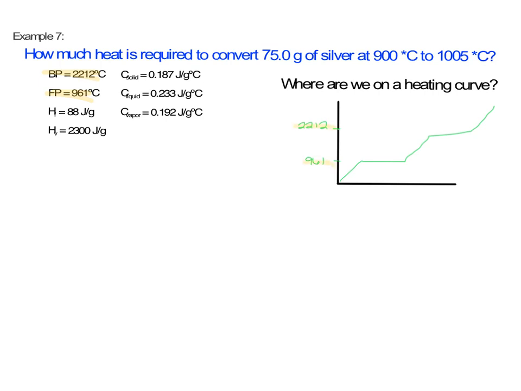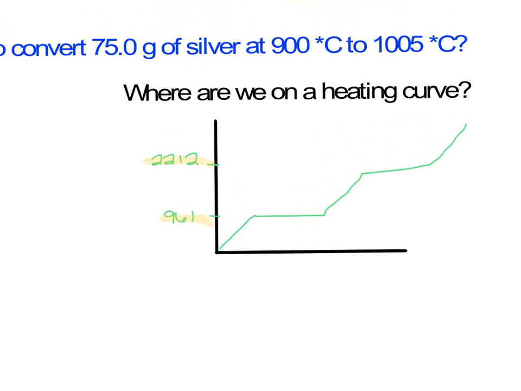So now let's think about on this graph where we're going here. So we're going from 900 to 1,005 degrees. So we are going from 900, which is going to be down here, to 1,005, which is just above here.